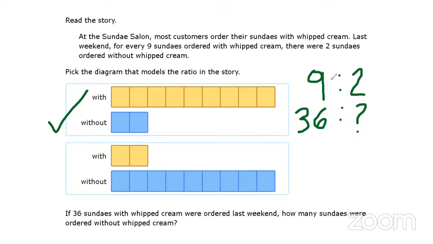For every 9 there are 2 sundaes. So when we have figured out that we have 4 equal groups, what do we now need to do to get how many sundaes there are without whipped cream? If 1 equal group is equal to 2 sundaes, then 4 equal groups will be equal to how many without sundaes? And so then we will have 36 sundaes to how many sundaes?